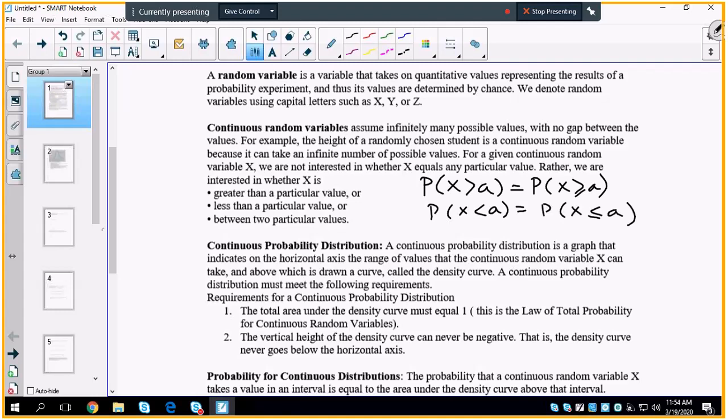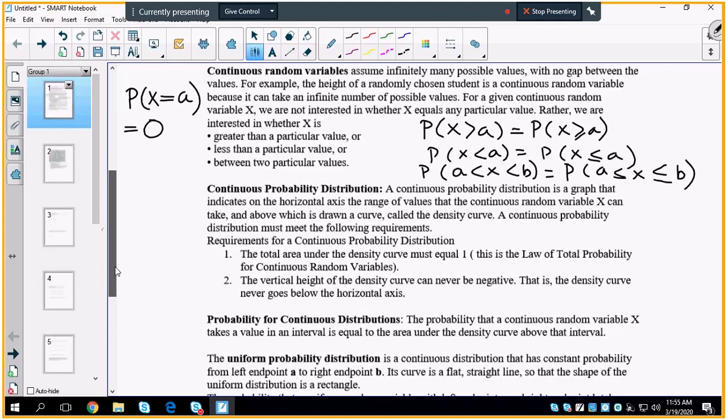Even if I want the value to be in between two values, for example a less than X less than b, it doesn't matter whether I throw in the equality with the signs of the inequalities. They're all equal. So the gist is that continuous random variables look way different from discrete random variables. At a point, if you say X equal to a point, for a continuous random variable, the probability is always 0.